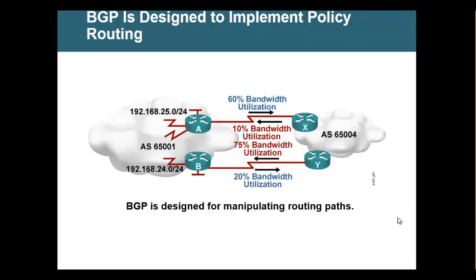The traffic that goes from A to X can consume up to 60% of the bandwidth on the link, whereas X to A is only 10%. So totally 70%. The rest 30% is kind of buffer.